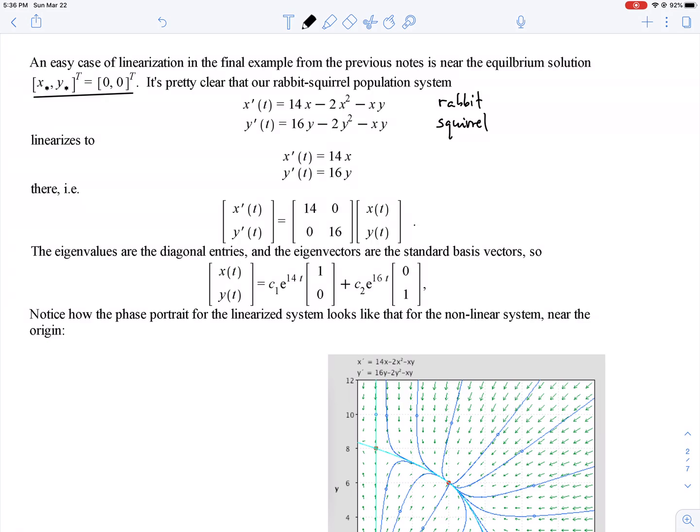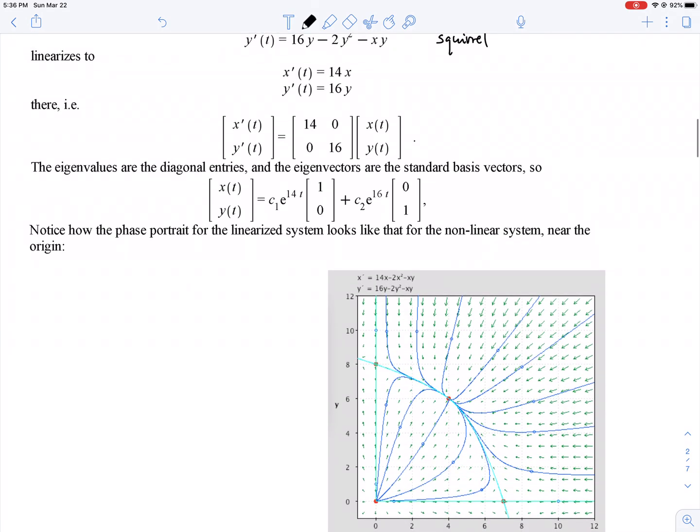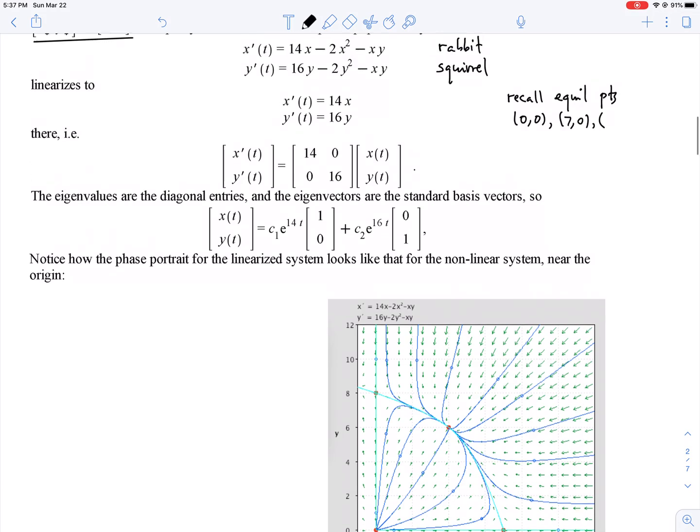So recall, and we can see from the phase-plane picture that the equilibrium points were 0, 0. That was kind of boring. No rabbits at 7, 0.